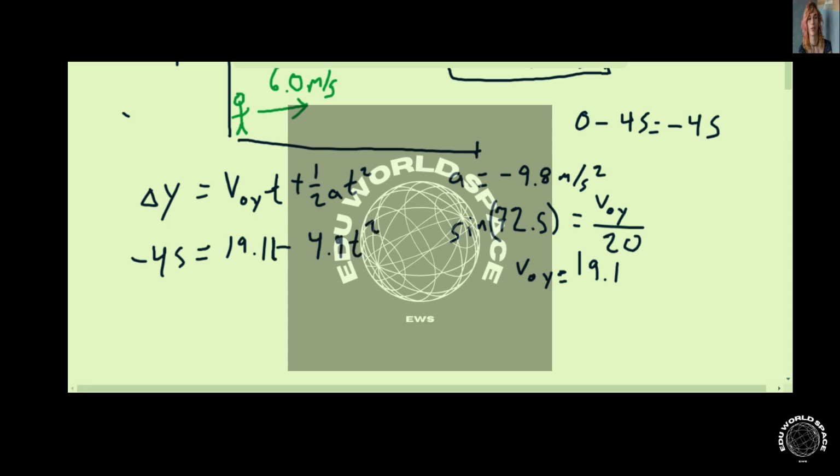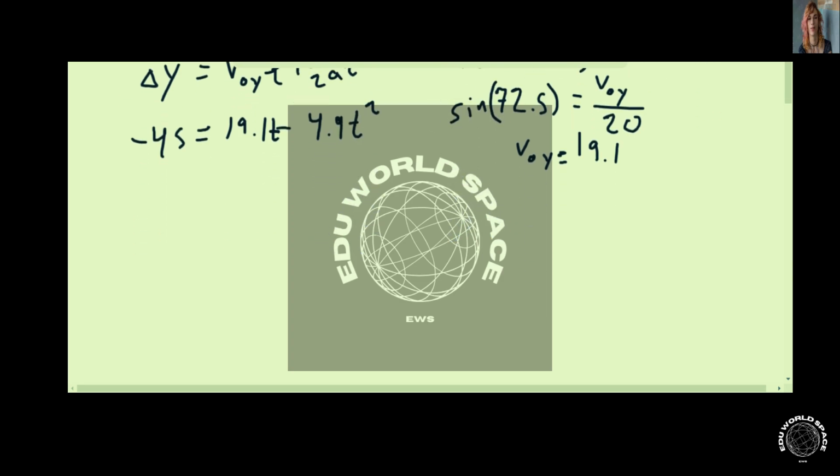Sorry, there's a t over here. And now we just solve for t. We can do that by equating it to 0: 45 plus 19.1 t minus 4.9 t squared.